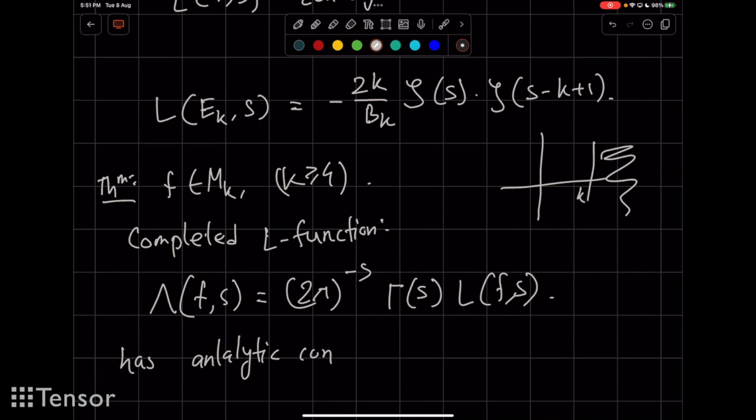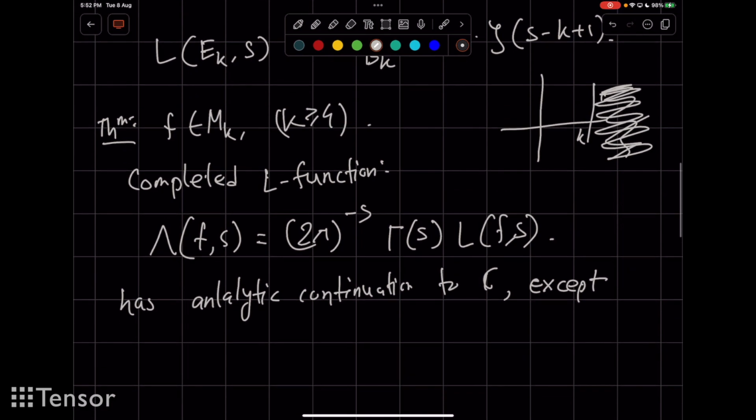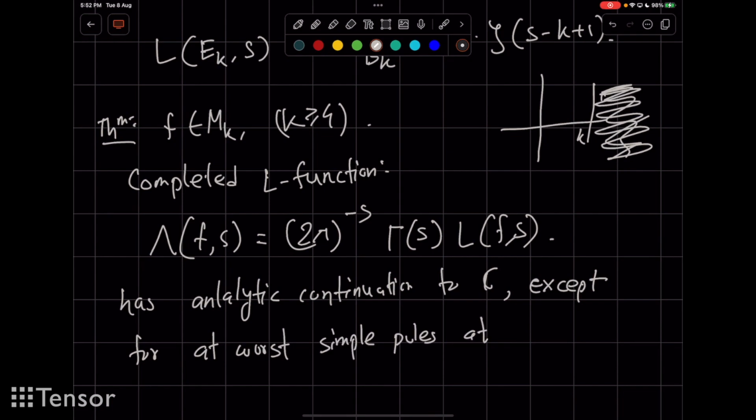So the theorem says it has analytic continuation to the whole of C except for, at worst, simple poles at s equals 0 and s equals k.